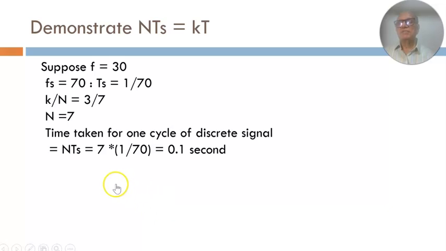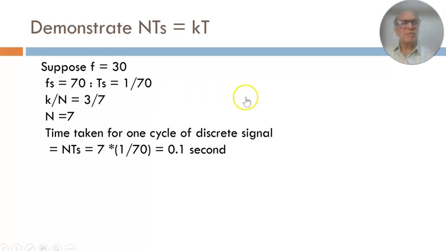So the point is, one cycle is taking 0.1 second. So if you generate an analog signal of frequency 30 Hertz and keep the total duration of 0.1 seconds, you should see 3 cycles. Understand, when you are generating the analog signal, the sampling frequency that you are using has nothing to do with this sampling frequency.